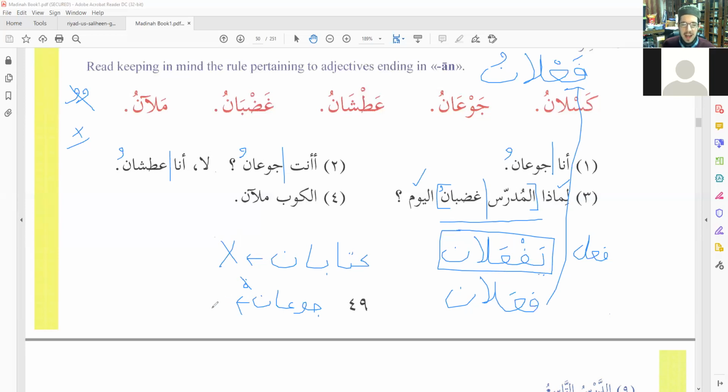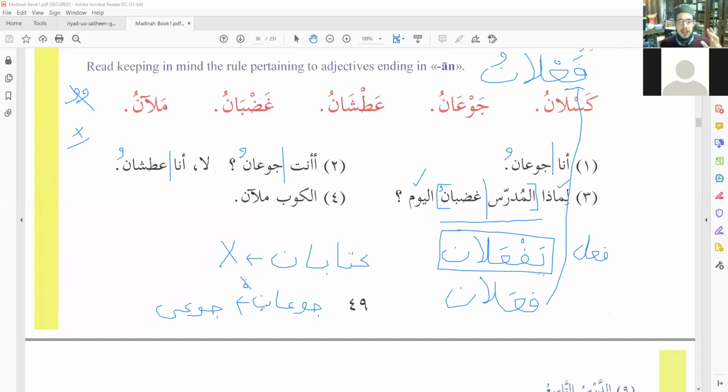We have an entirely different phonetic pattern. Pardon me, because we don't really use it very often. Right, it's going to be Jo'a.